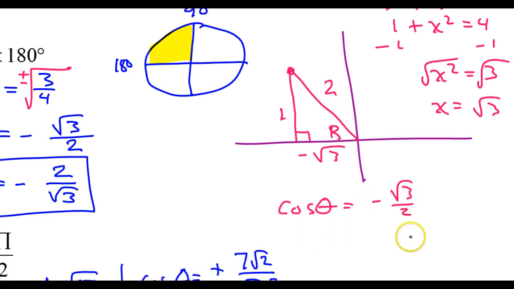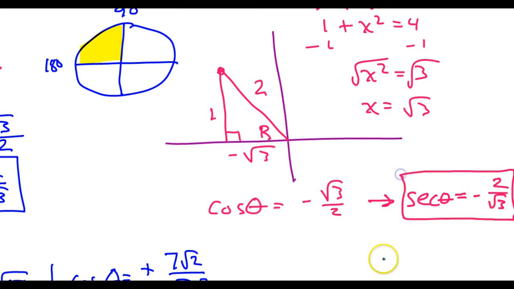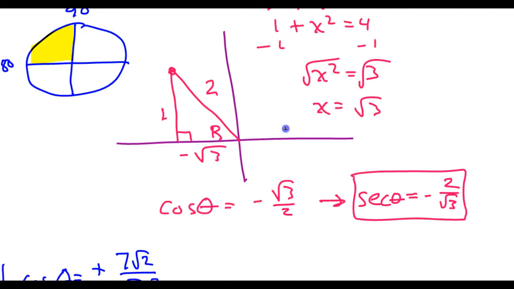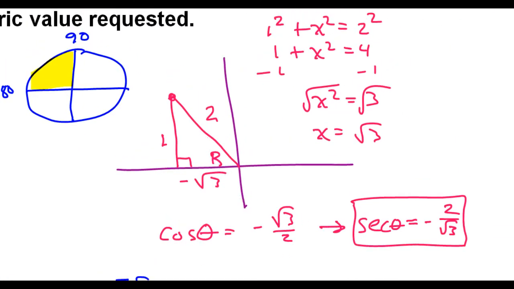So that means secant would equal the reciprocal of that, so that would be negative 2 over radical 3. And oh look, negative 2 over radical 3, that's the same thing we got by using these trig identities, but we already knew how to do it using a picture.